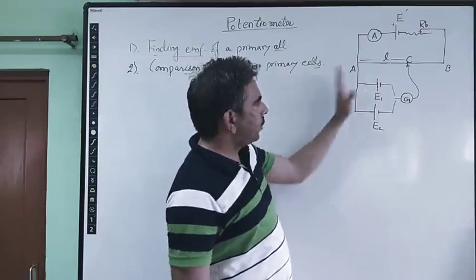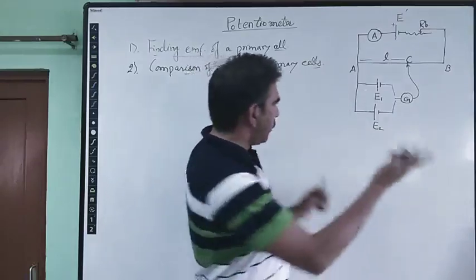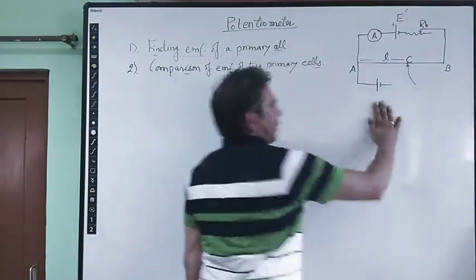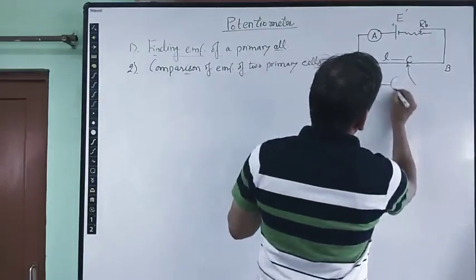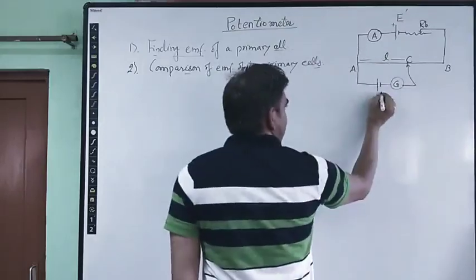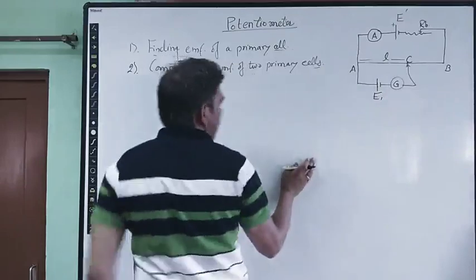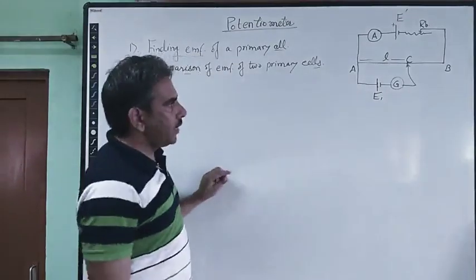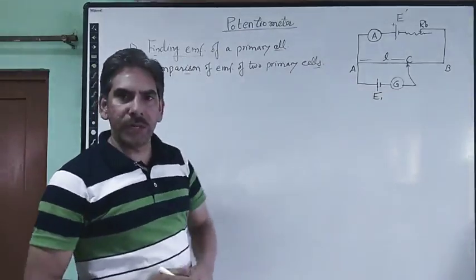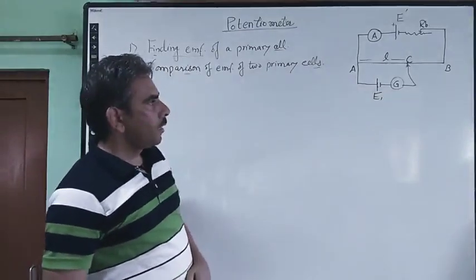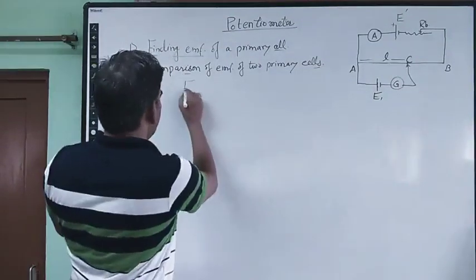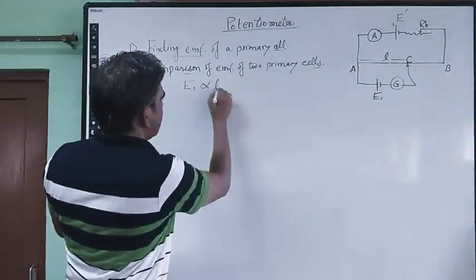So we connect the two cells just like this. You can also drop the second part of this to keep it simple. The EMF of the first cell, let it be E1. First we find the balancing length for the cell E1, which will give us the EMF E1, which will be proportional to its balancing length.